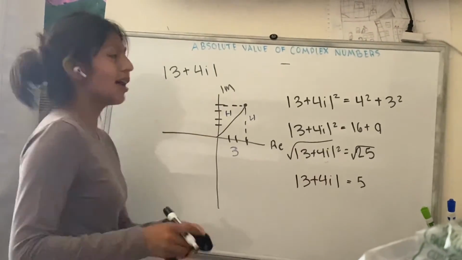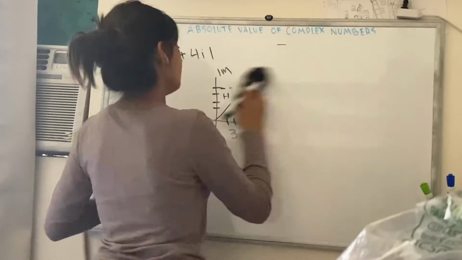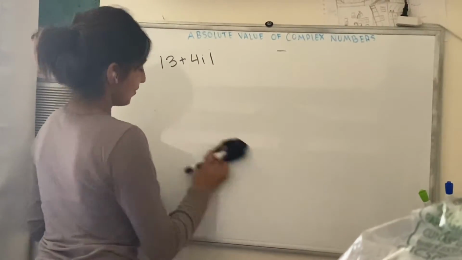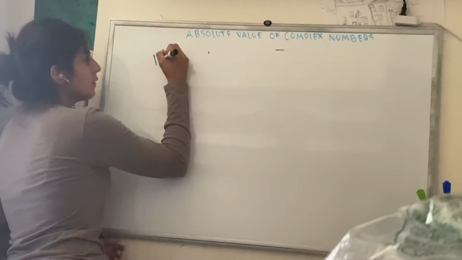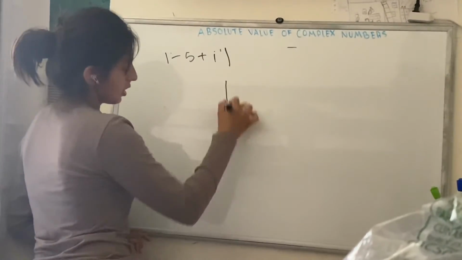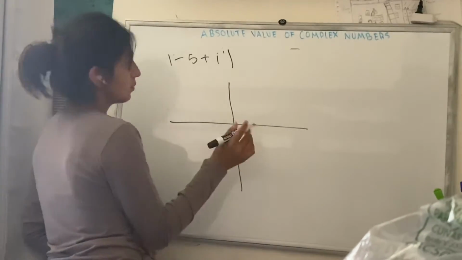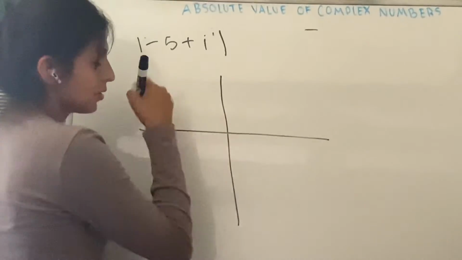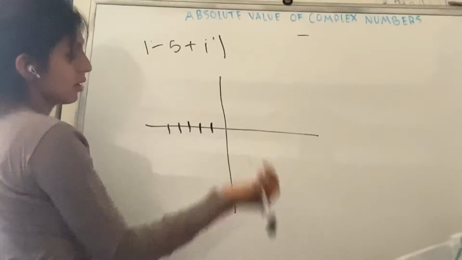Now, on to our last problem. Our last problem is negative 5 plus i. Once again, draw your complex plane, and then we will go to the left 5. 1, 2, 3, 4, 5. And this right here is only 1.